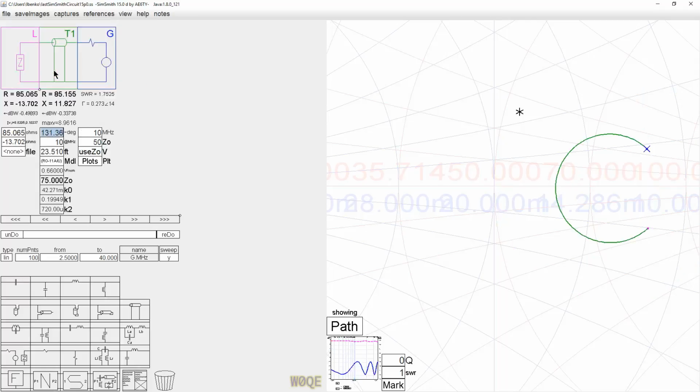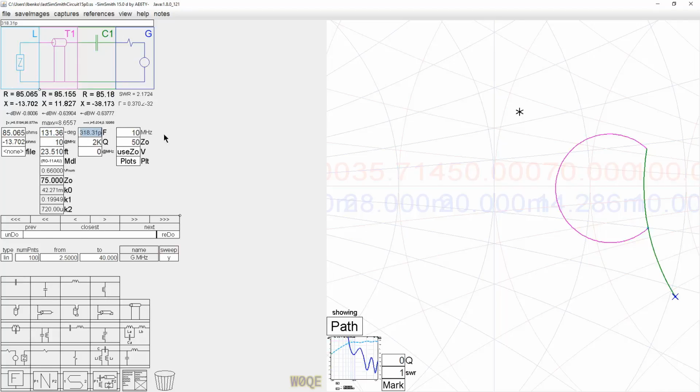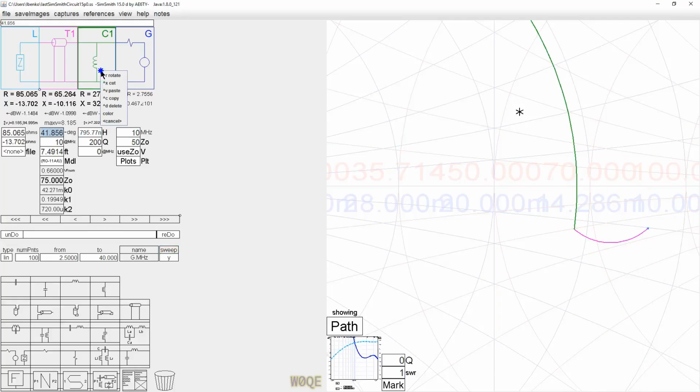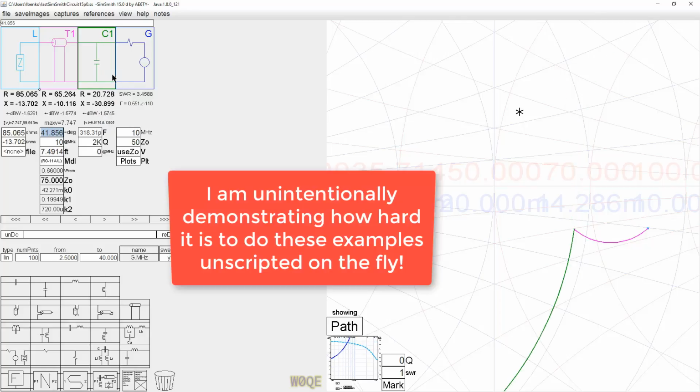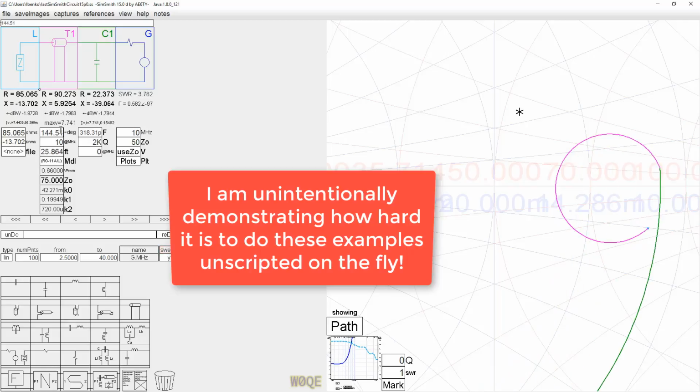We can probably do it with a capacitor here too. No, we can't. There.